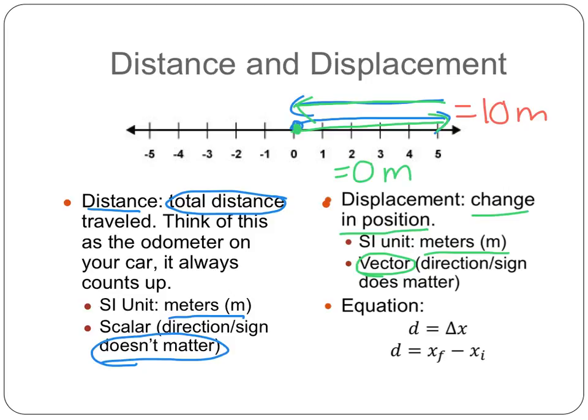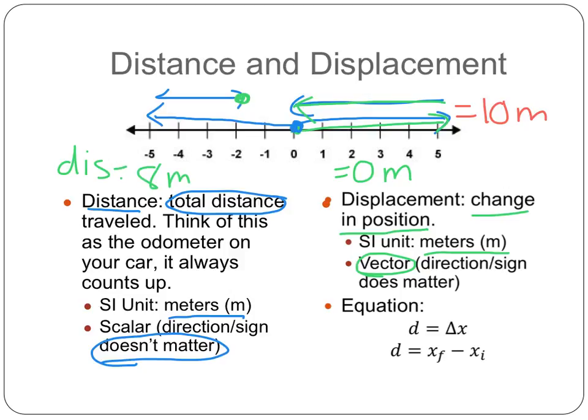Another example of this, let's say I started at 0, and I walked all the way to -5, and I came back to -2. So -2 would be my ending point. Now let's think about this. The total distance I traveled all the way to -5 and back to -2, my distance would be 8 meters.